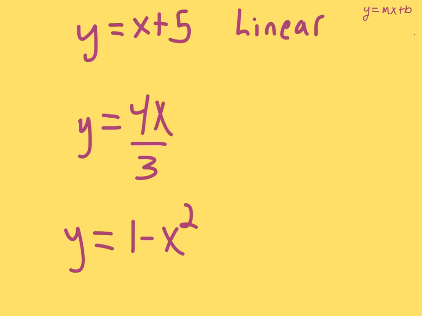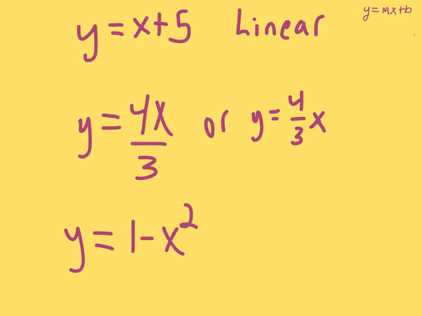All right. The second one is a little bit tricky. Okay? They have y equals 4x over 3. And you can actually rewrite that so it looks like this. Okay? When you rewrite it like that, the answer should be more clear to you.